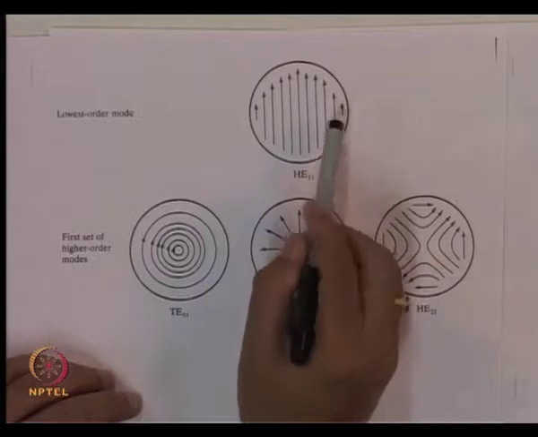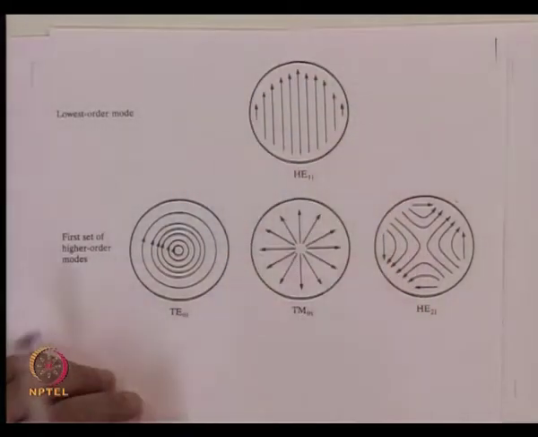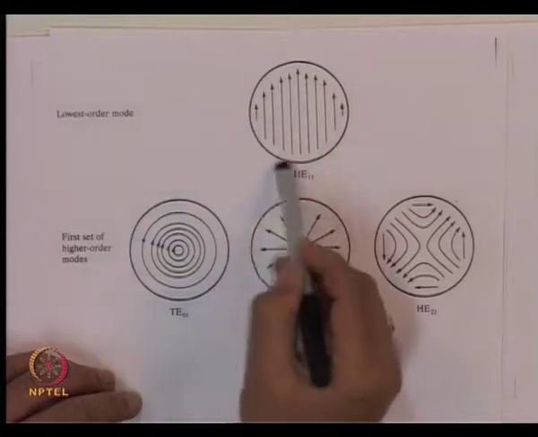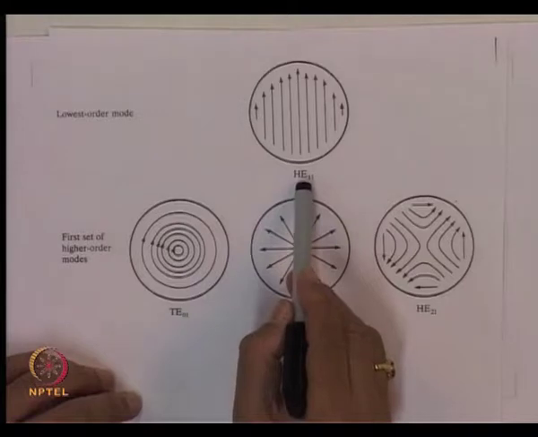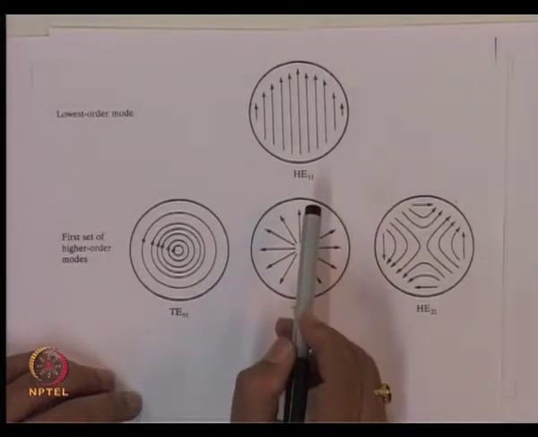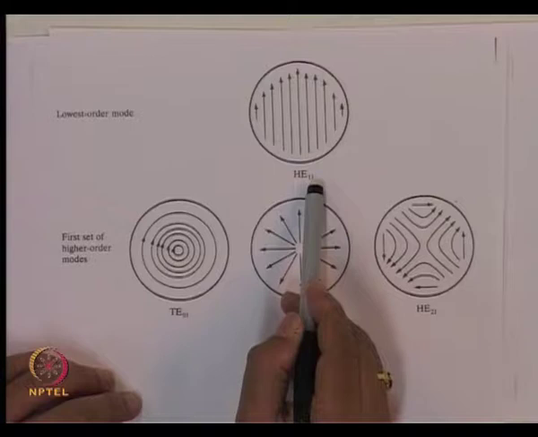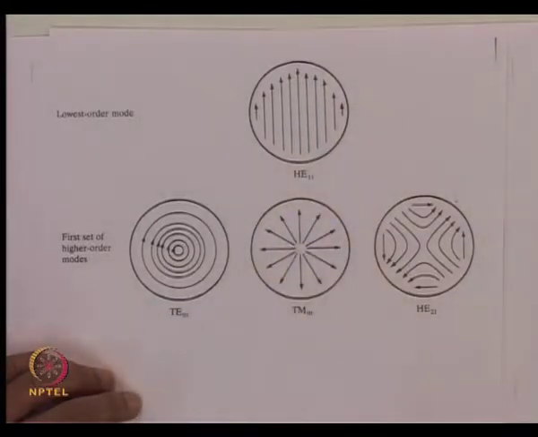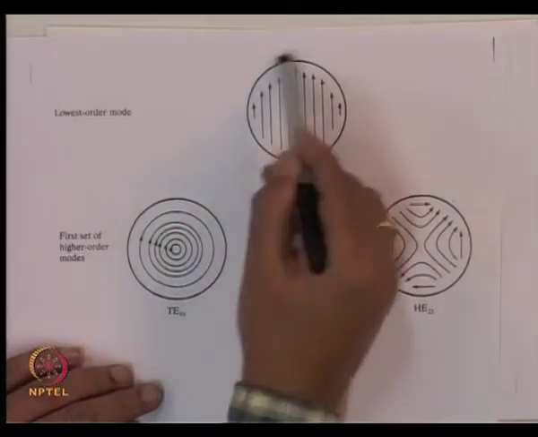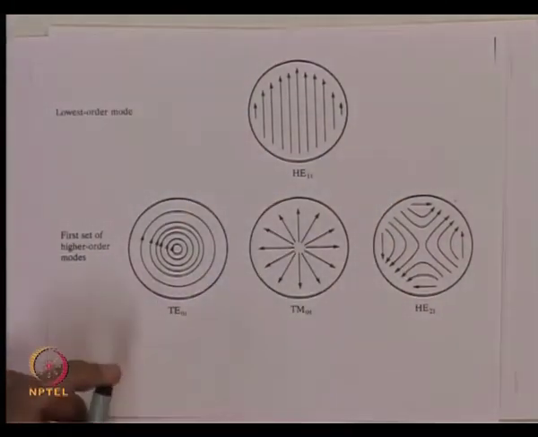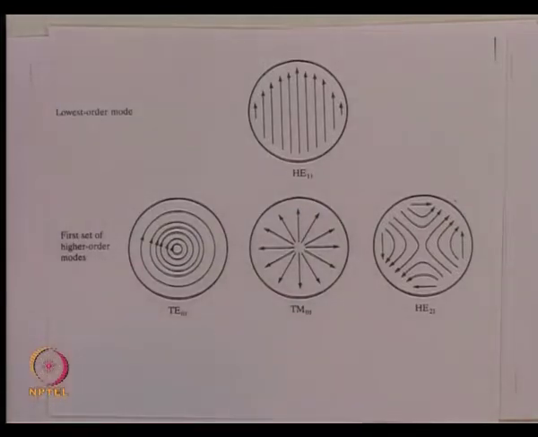What we find is that both the R component and phi component show 1 cycle variation as we move in the azimuth, and that is what this first index is telling you. So, for HE11 mode, either the phi component or R component will show one cycle variation in the azimuth, and there is no zero crossing of the field intensity in the radial direction. That is what the field is going to look like.